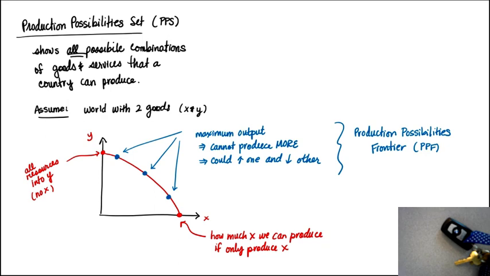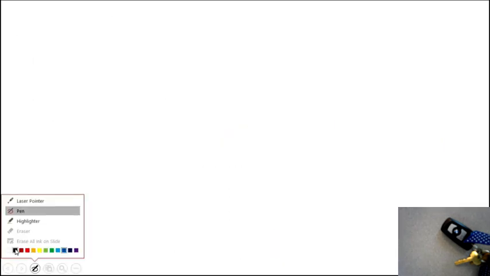All right, so let's be clear. The production possibilities set is the whole graph, right? The production possibilities frontier is just the border. Everybody with me? All right. And I'm going to not get my graphs too messy, so I'm going to redraw this so we can add on. All right.